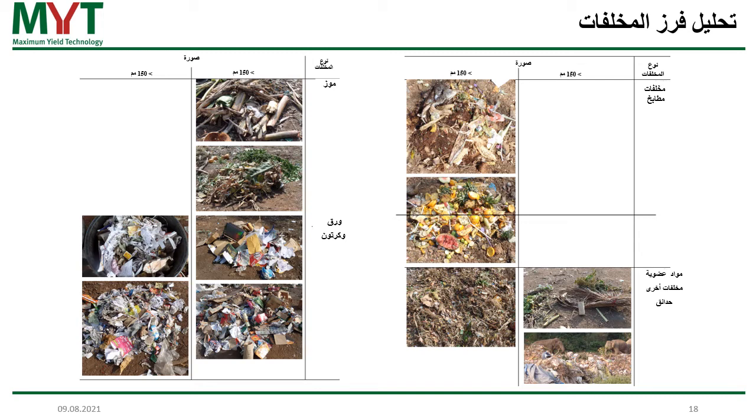So first you see the kitchen waste, which is below 150 millimeters. You also see the other organic waste, the coarse waste and the finer organic waste.